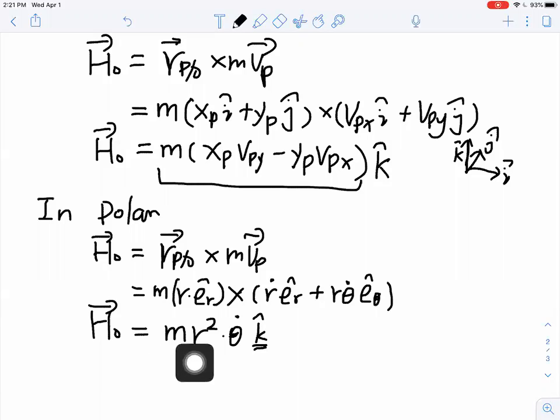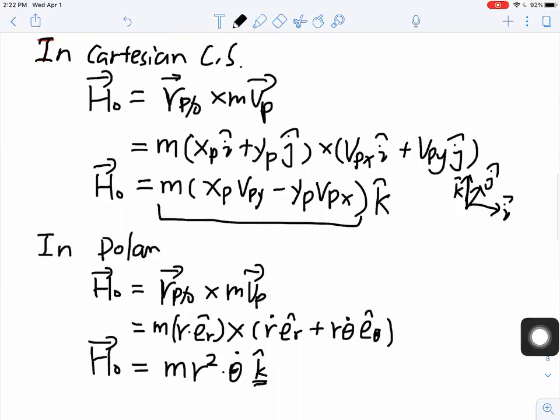You realize the expression has mass times distance, which is the distance from the fixed point to the particle, squared, and times theta dot. What is theta dot here? Theta is an angle, and we take a dot for the angle. That's the angular velocity, that's omega, right? And this vector is in the k direction. So we have these two expressions of angular momentum in different coordinate systems.